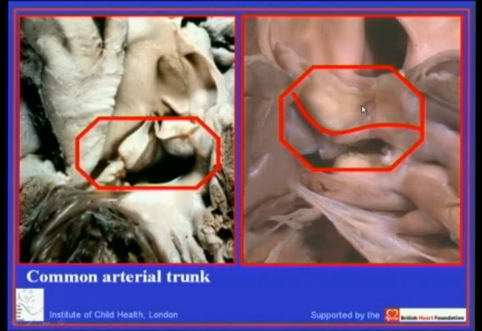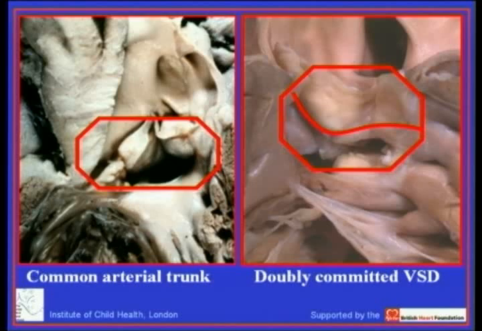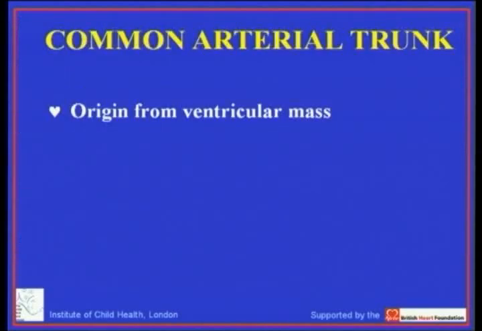And we can make the analogy here with common atrioventricular junction, with common valve, and with the so-called ostium primum defect. So the doubly committed ventricular septal defect is, as it were, a common ventriculo-arterial junction, but with separate arterial valves for the right and left ventricles. And these two entities are very closely related genetically.